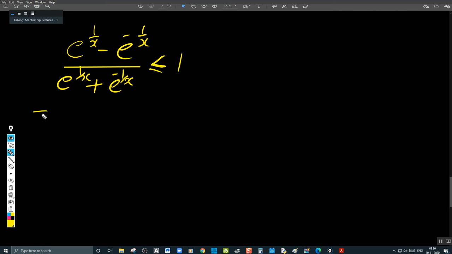Now, apply whatever is required. Multiply both sides with x square.